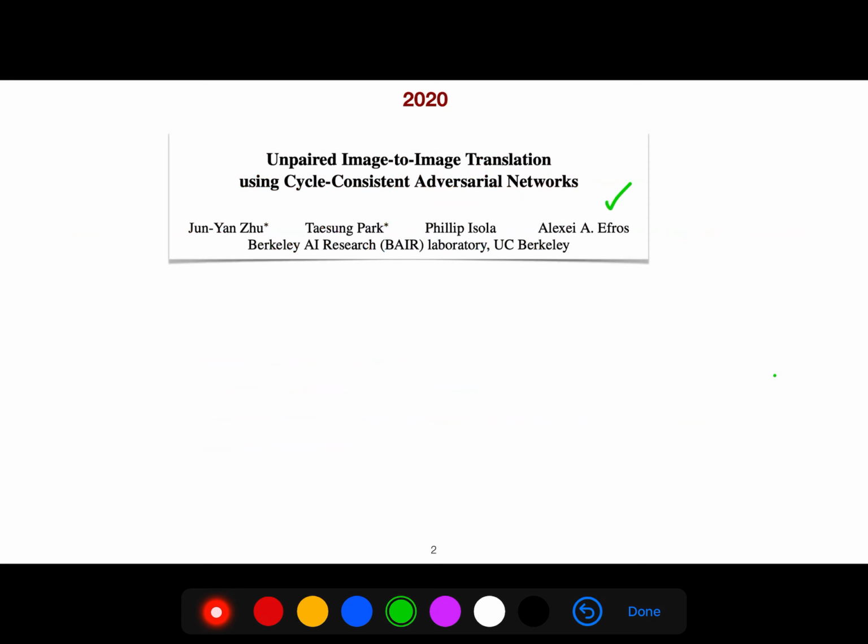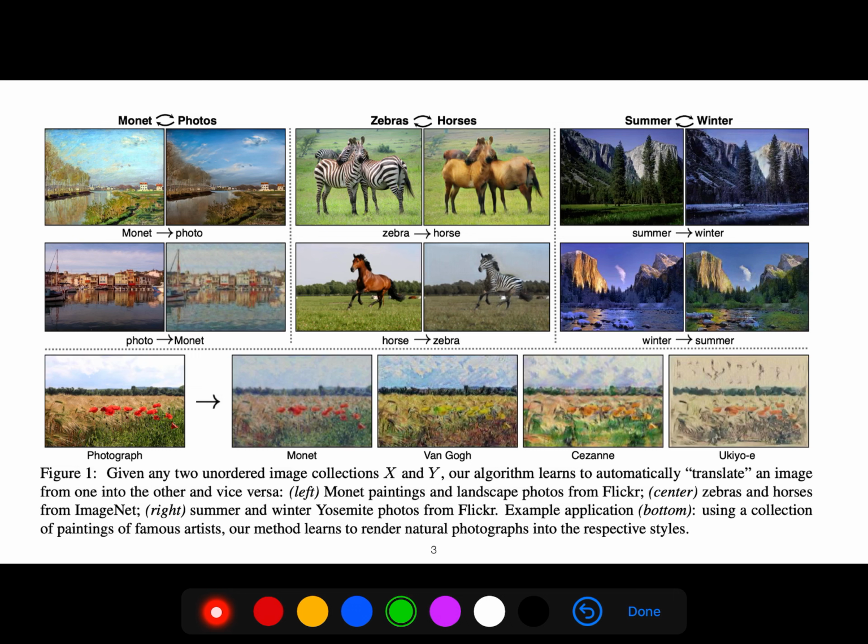So this paper in 2020, you see, given any two unordered image collections X and Y, our algorithm learns to automatically translate an image from one into the other.